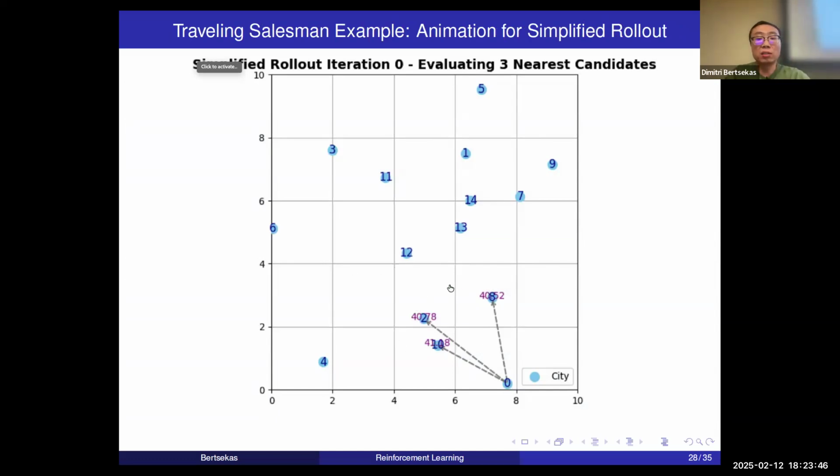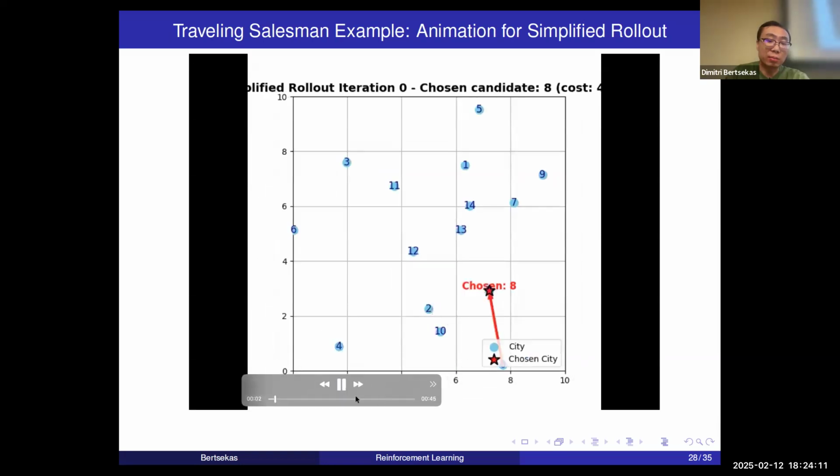So when we construct the subset of control, we already include, inside this control subset, the control selected by the base heuristic. So we are always comparing against the cost selected by the base heuristic. And if we choose something that is better, we already beat the base heuristic.